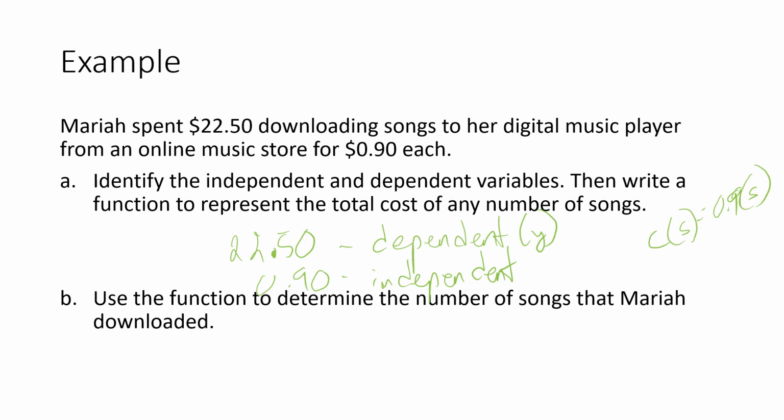So C(S), our dependent variable, was given to us, this is total cost, that's 22.5 equals 0.9S.